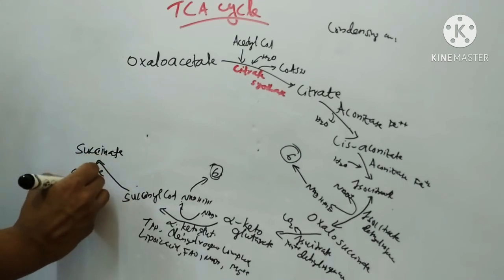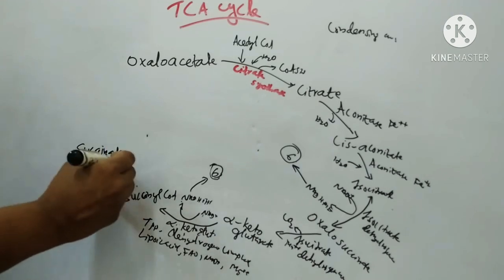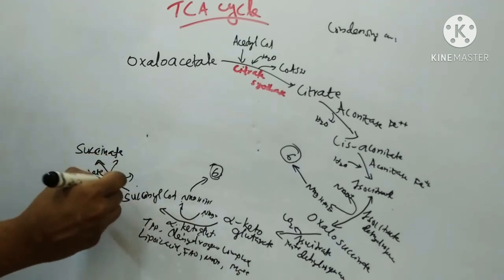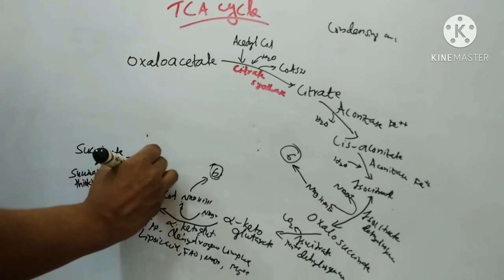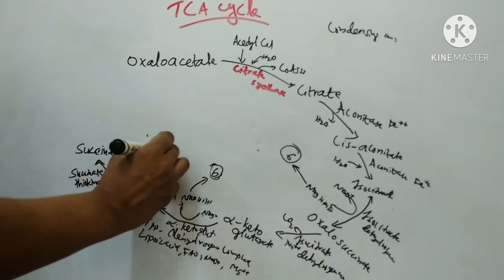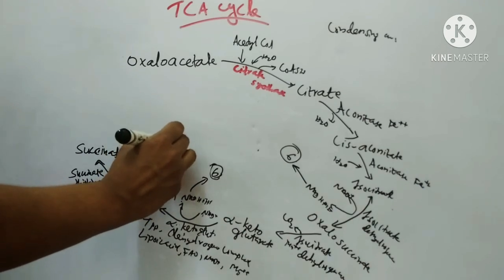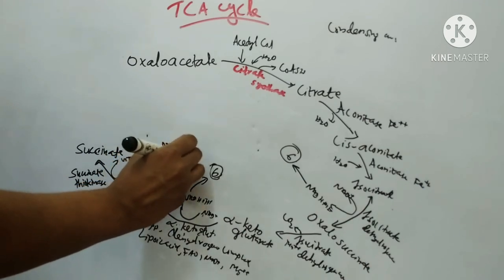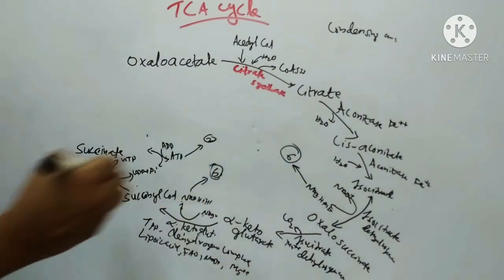Here GDP plus Pi goes to GTP, which in turn converts ADP to ATP. So here 2 ATP molecules.